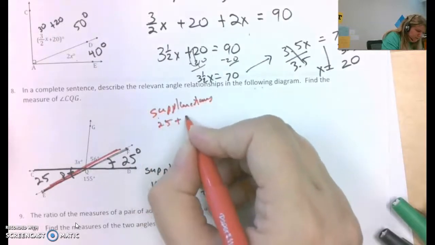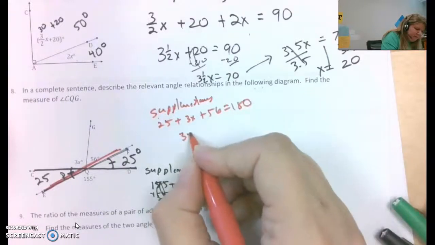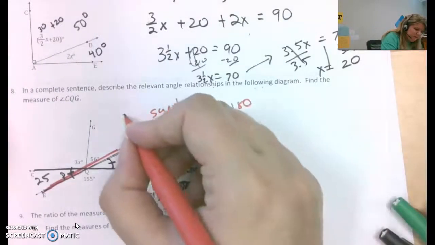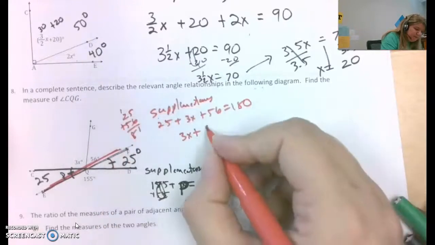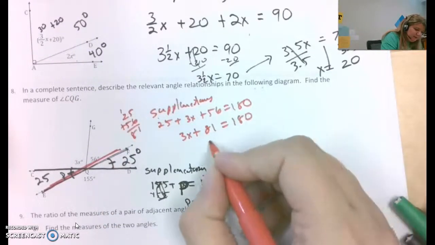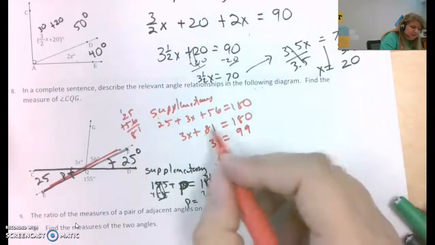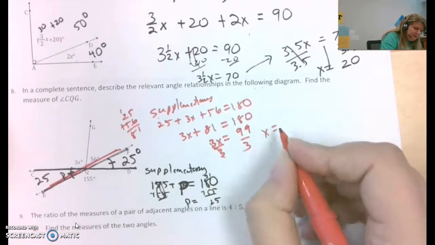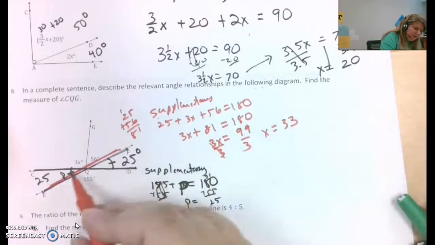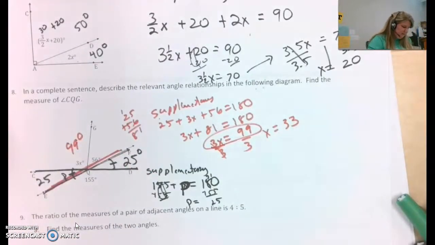So 25 plus 3x plus 56 is 180. 3x plus, let's see, 25 plus 56, 81 is 180. So 3x equals 99. I subtracted 81 from each side. And x would be 33. Oh, but I'm looking for 3x, which I already have. It's 99.